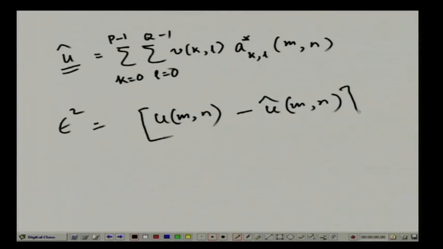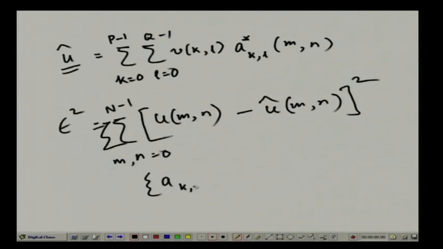And it can be shown that this error will be minimized if our set of basis images, that is A k L m n, is complete.